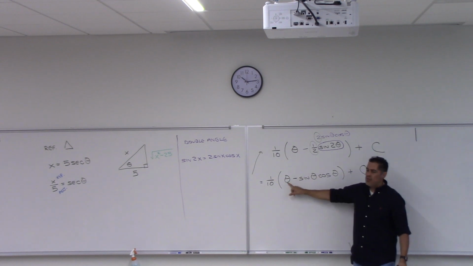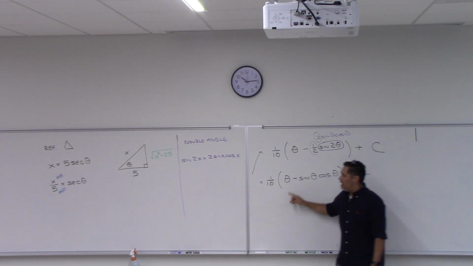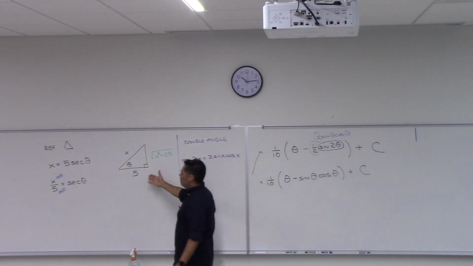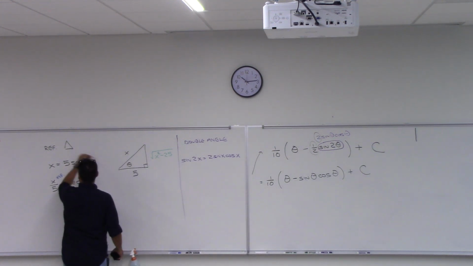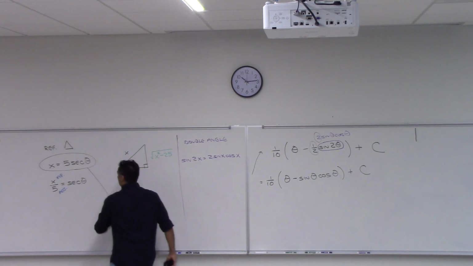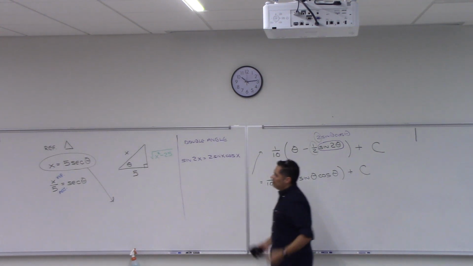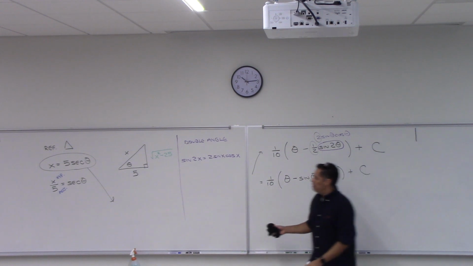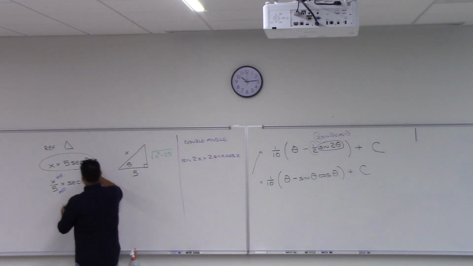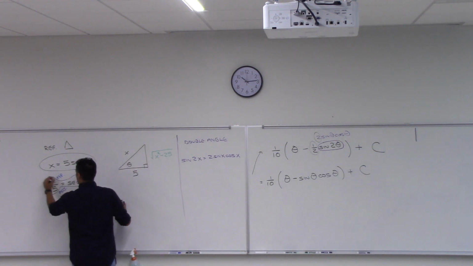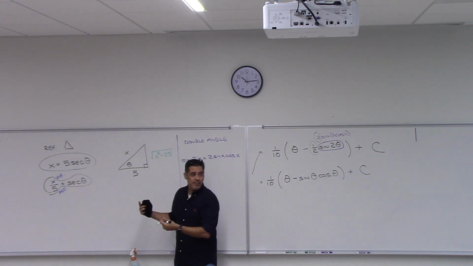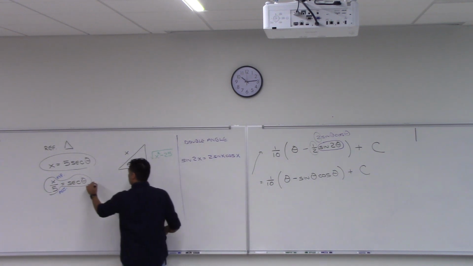But I still need to know what theta is, right? What theta is. And to get theta, I can't use the triangle. What I need to do is go back to this and do what? Take the inverse on, well, sorry, not that one. This one. Take the inverse on both sides, all right? Take the inverse of the left.